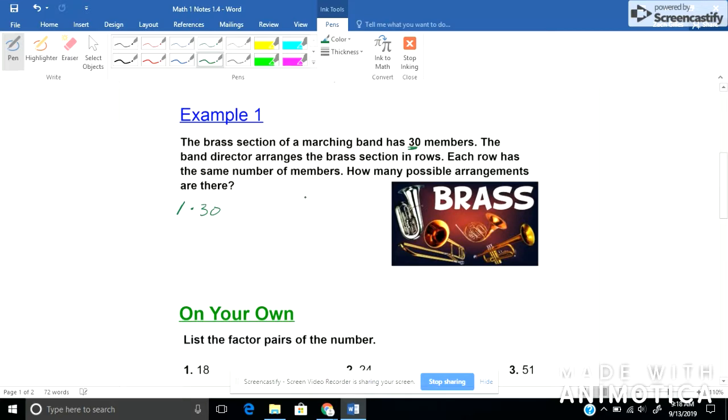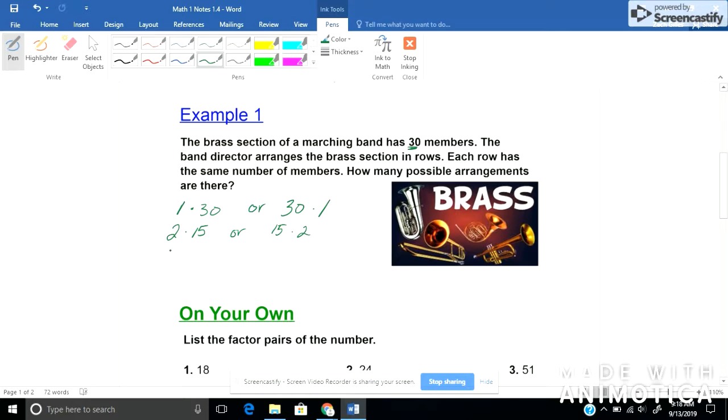Okay. Or if I think about it the other way, if I really wanted to, I could have 30 rows, and in each row just have one person. Okay, that's an option. Other possibilities, well, I could have 2 rows of 15, because 2 times 15 would give me 30. Or I could have 15 rows, and each row could have 2 people in it.